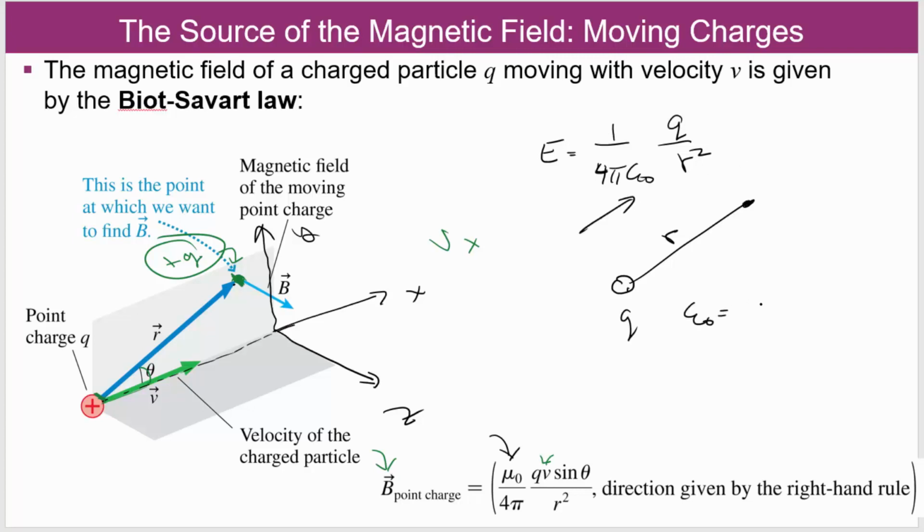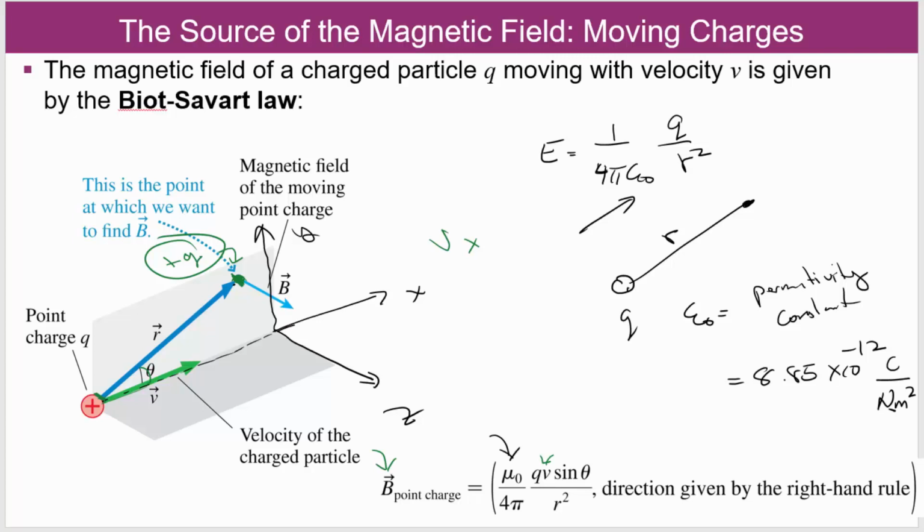Epsilon sub 0 is the permittivity constant, the permittivity of free space. And if my memory serves me right, this is around 8.85 times 10 to the minus 12. And the units there would be coulombs squared over newton meters squared.